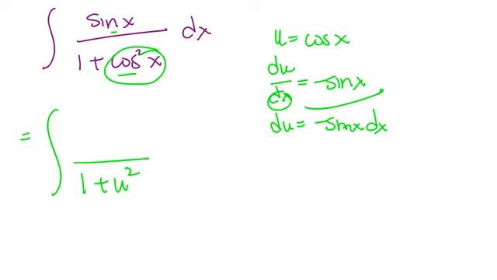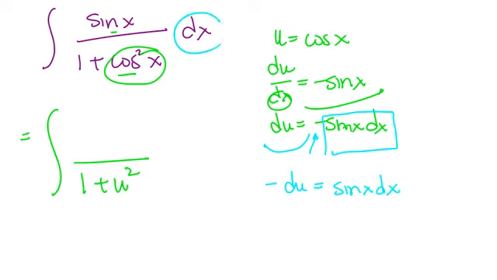Sine x dx is this piece right here, so I really don't need that negative, so I'm going to move it over to the other side. So negative du equals sine x dx, which means I can now replace sine x dx with a negative du. And now the negative is just a constant, and 1 over 1 plus u squared, we've just done that.